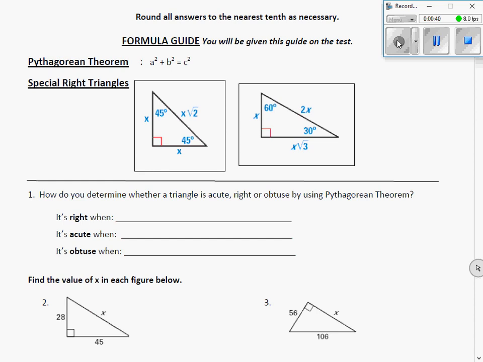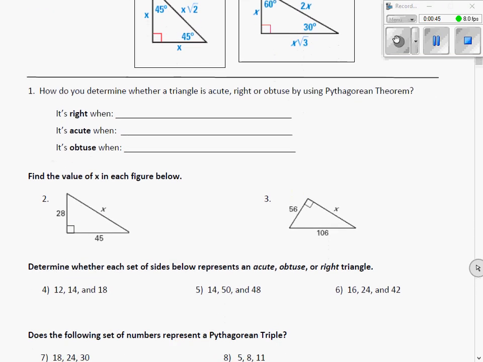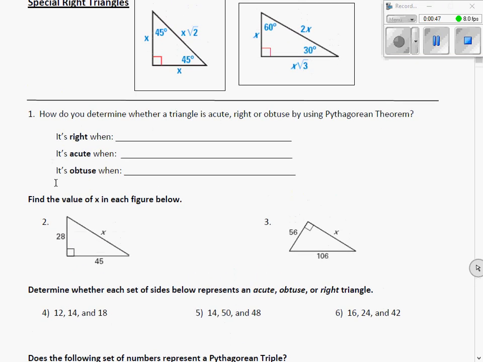All right, number one, when we're trying to decide whether it's an acute, obtuse, or right triangle, the first thing that has to happen is we have to make sure that it is a triangle. So you need to test the numbers out and make sure that it's going to actually form a triangle.